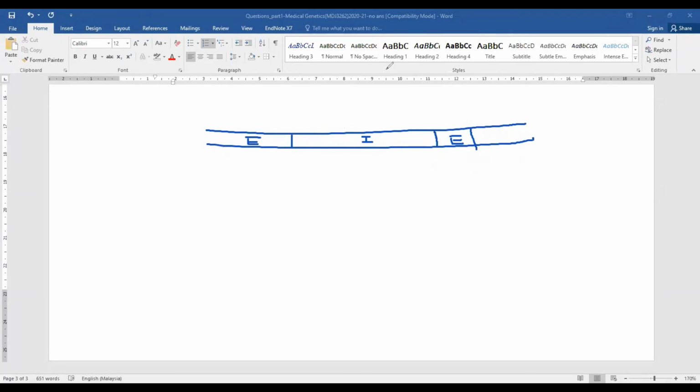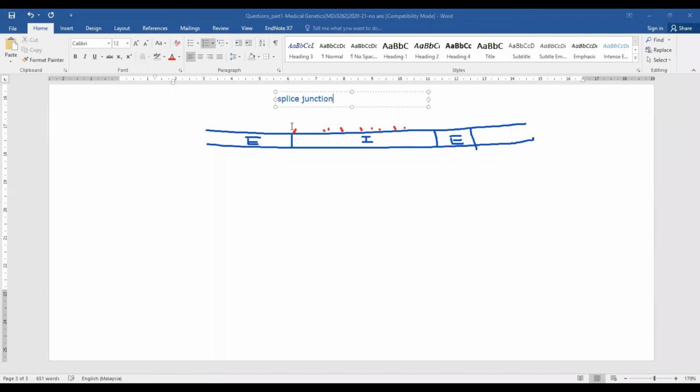Usually if mutation occurs here, usually no problem, because this is an intronic sequence, it doesn't code for protein amino acid. But if the mutation occurs very near to what we call the splice junction, when the spliceosome sits here and tries to do the splicing, it may have problem in recognizing the sequence.